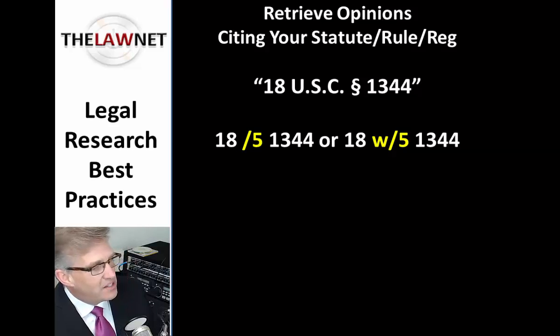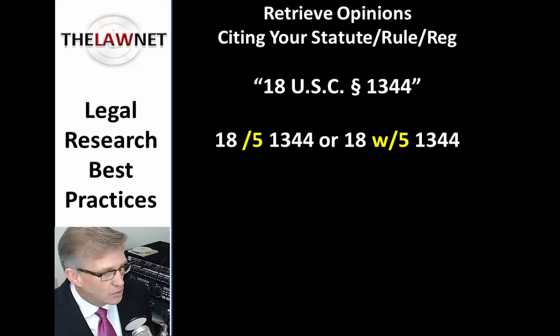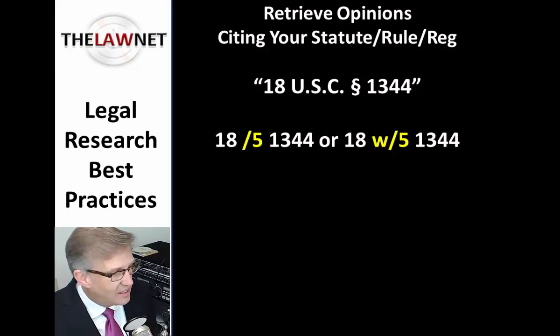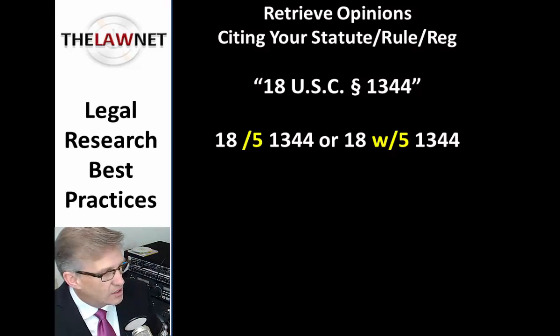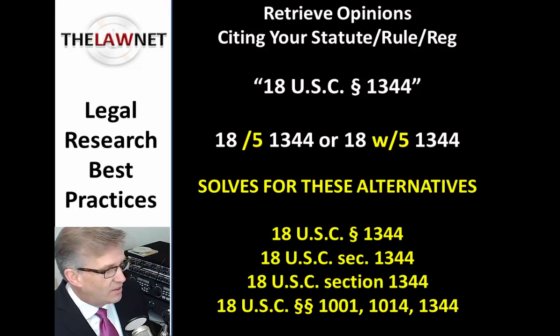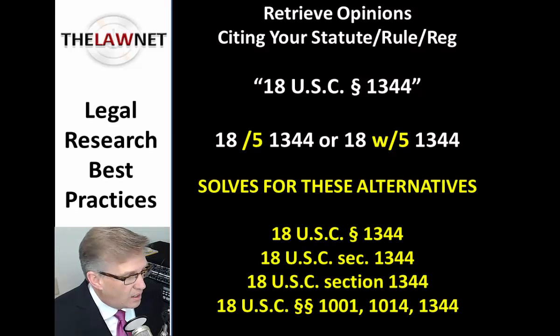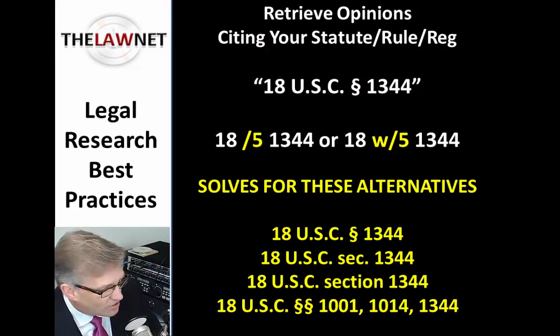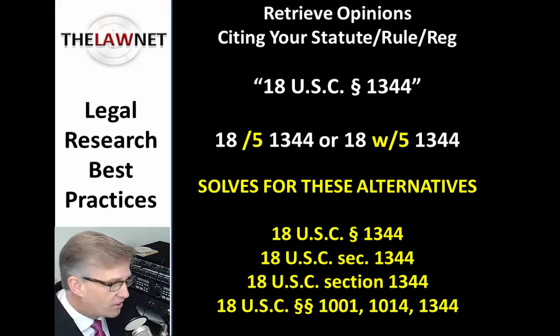When you have spaces in a statute, rule, or regulatory citation, you can replace those spaces by substituting the within connector, /5 or W/5. By just going /5, it solves for all these alternatives.